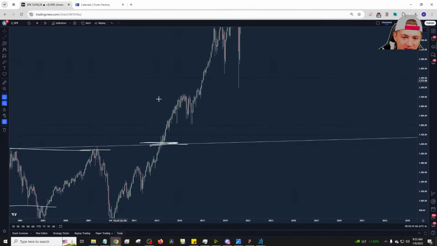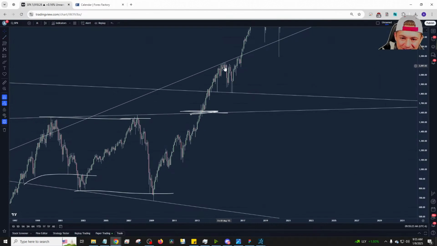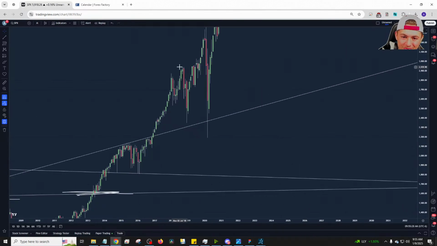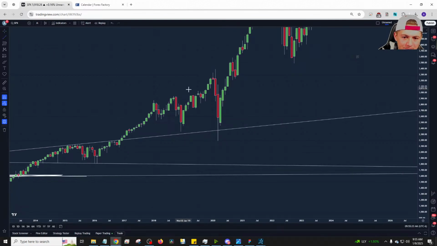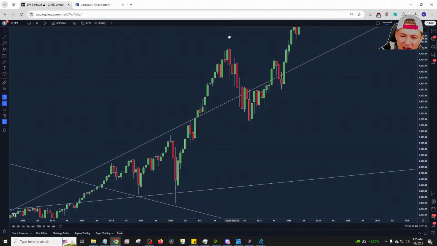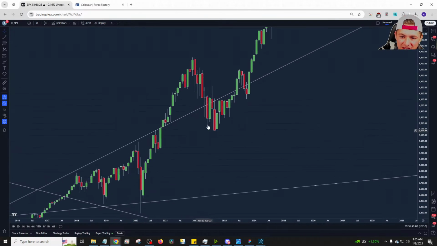And then all of a sudden, you're now creating slightly higher broadening formations. So this is where the shorts almost get their money back, but we're way above that still, right? And then all of a sudden, boom, off they go. Then the same thing, you see it acts as support in 2020, but here's your broadening formation. You see it leaves the range. You can see they almost get their money back. It's not acting as support in this case. You get slight support, slight resistance.